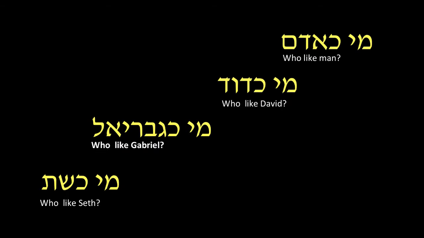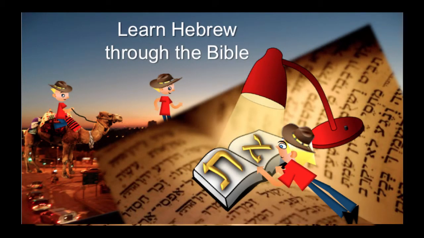And so it also goes for who like man, who like David, who like Gabriel, who like Seth. It just helps get your mind oriented to biblical Hebrew when you start trying to read the Bible, which I want you to start doing. Okay? And that's what we're going to have in our next course, Learn Hebrew Through the Bible.